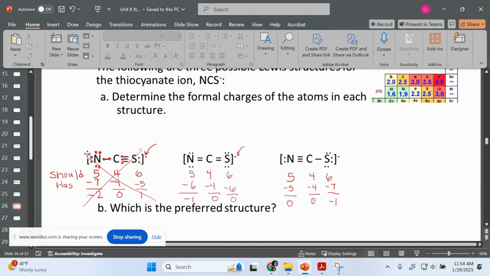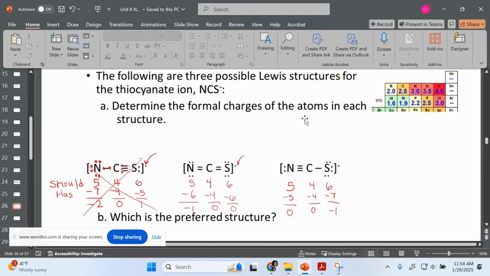Now we have to figure out which one of these 2 we want to go with. Well, we said that if you have the ability to, you want to make sure that your negative formal charge is on the most electronegative element. So which one of these, sulfur or nitrogen, is more electronegative? Nitrogen. It is a 3. Sulfur is a 2.5.